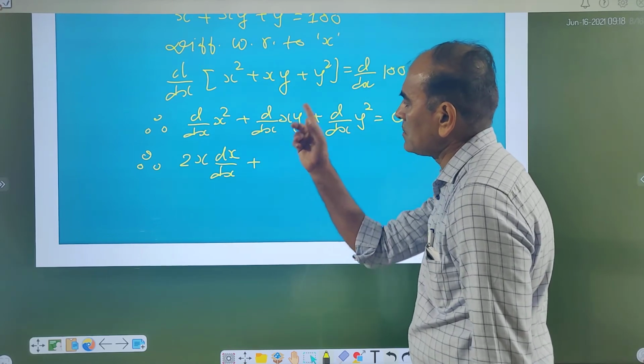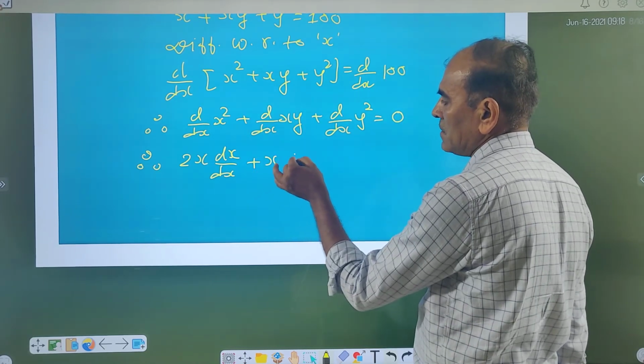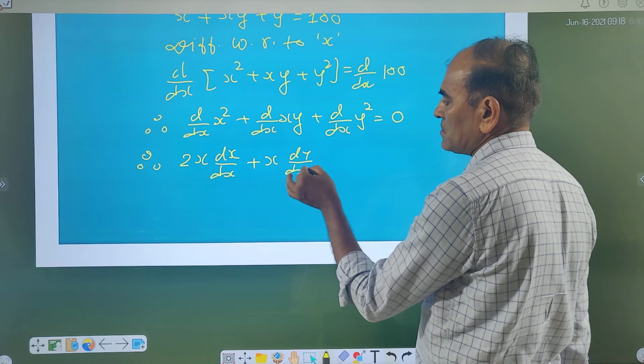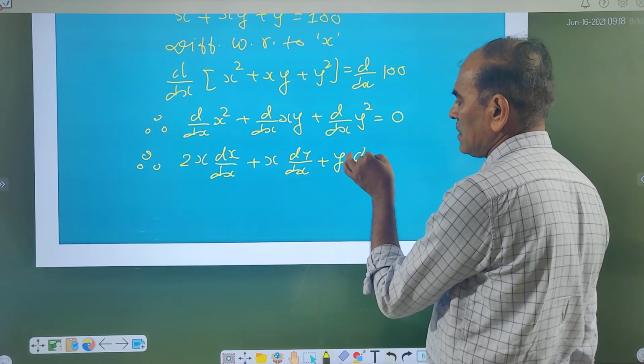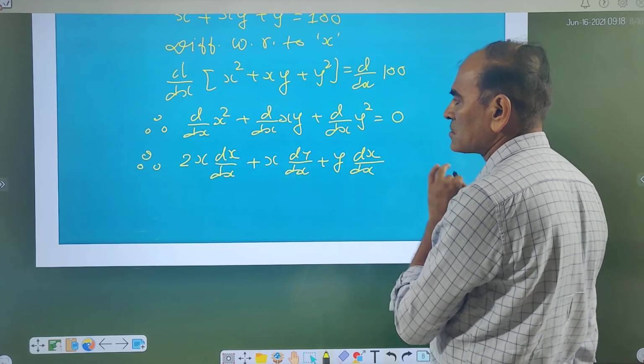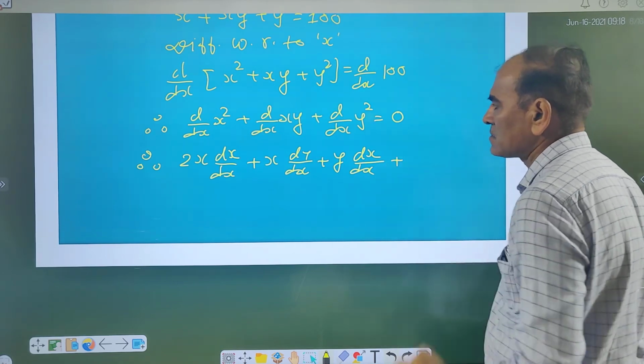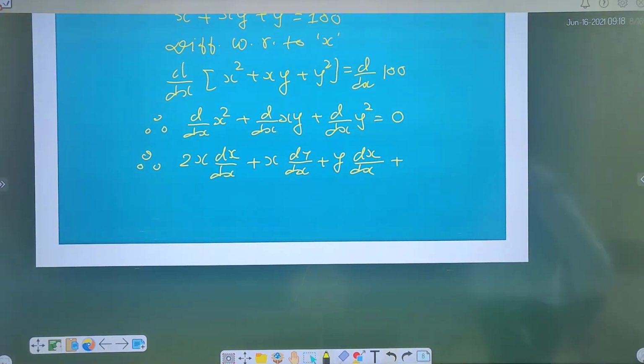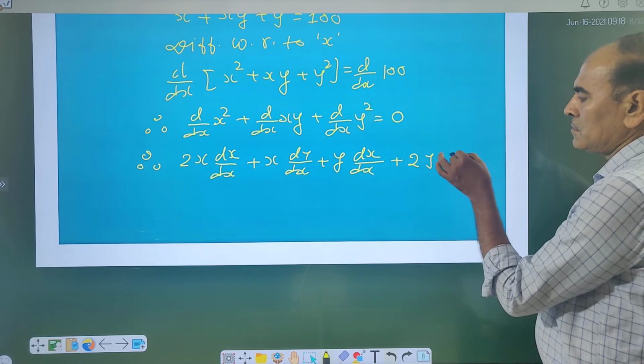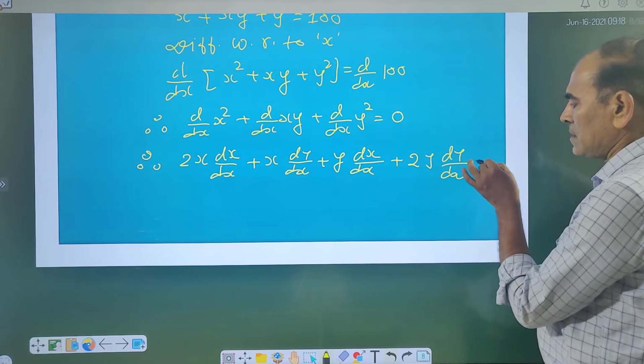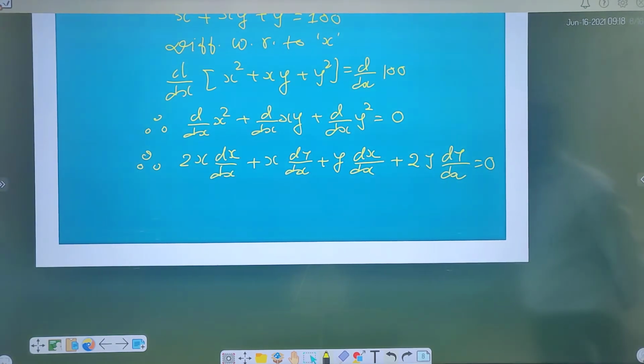Here a product is given, so apply the product rule: first as it is times derivative of second, plus second as it is times derivative of first, plus 2y dy by dx is equal to 0.